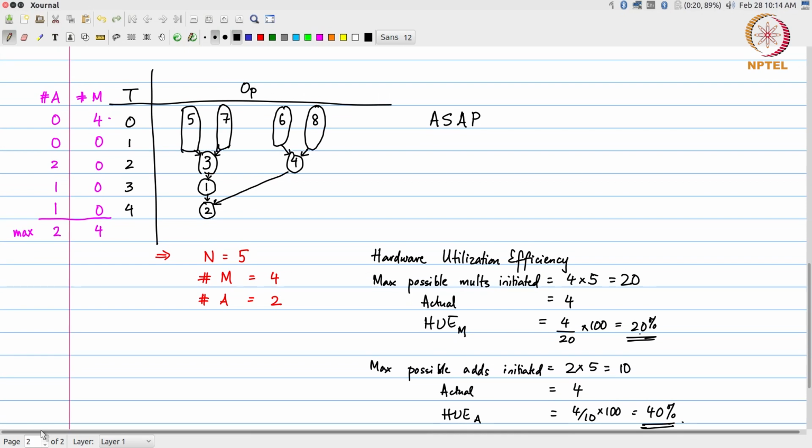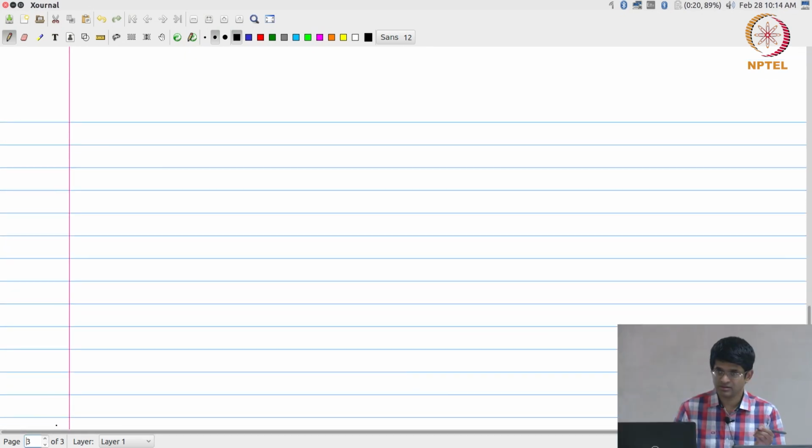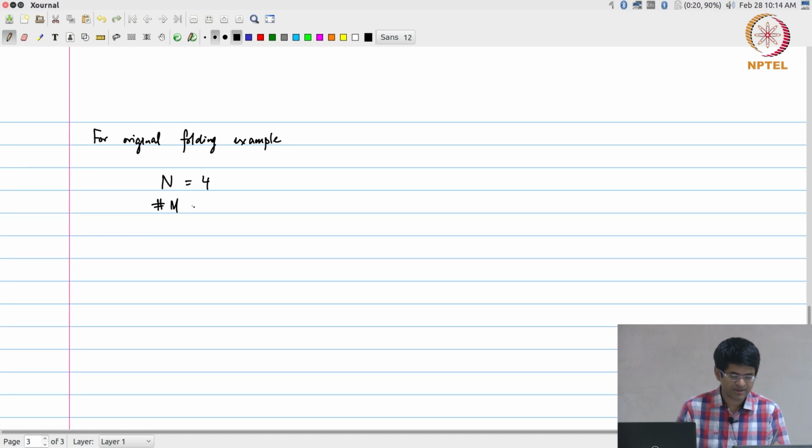Just thinking back about the previous problem that we used for illustrating folding. For the original folding example, what did we have? N was equal to 4, the number of multipliers was equal to 1, and the number of adders was equal to 1.